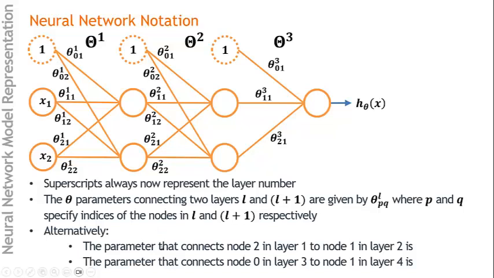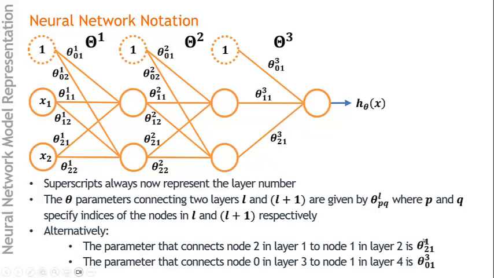The parameter that connects node 2 in layer 1 to node 1 in layer 2 is, what do you think? And try this one. The parameter that connects node 0 in layer 3 to node 1 in layer 4 is what?